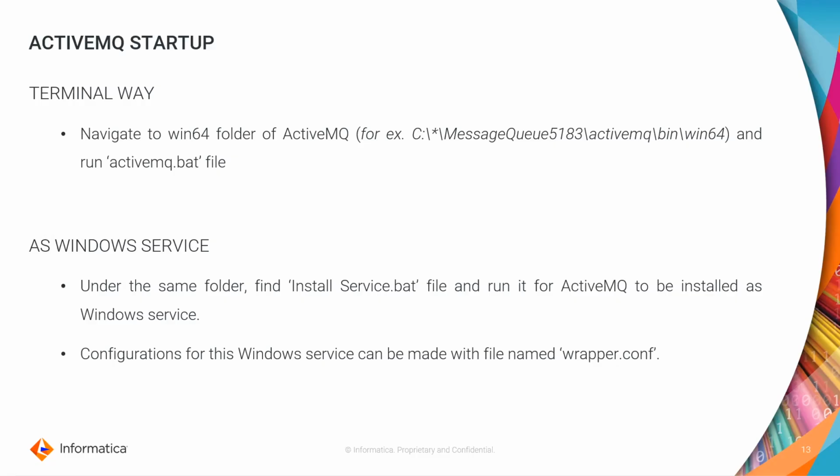To run it in a terminal, navigate to the Win64 folder as shown in the example path and run the activemq.bat file, which will start the ActiveMQ server through the Windows command prompt. If you want to install it as a Windows service, find the InstallService.bat file and run it in the same way, which installs it as a Windows service.